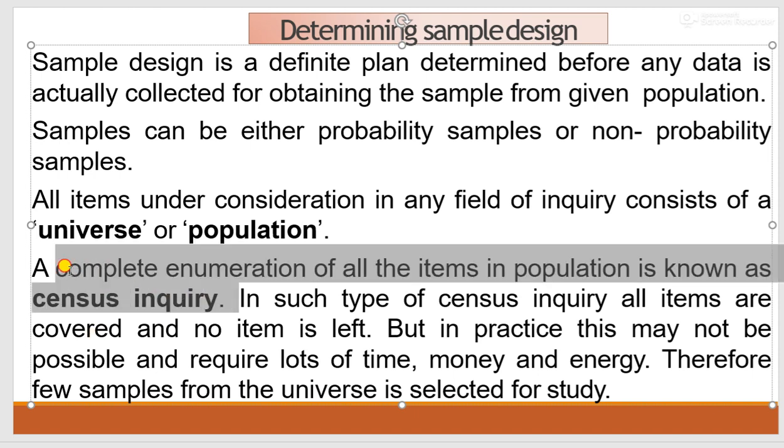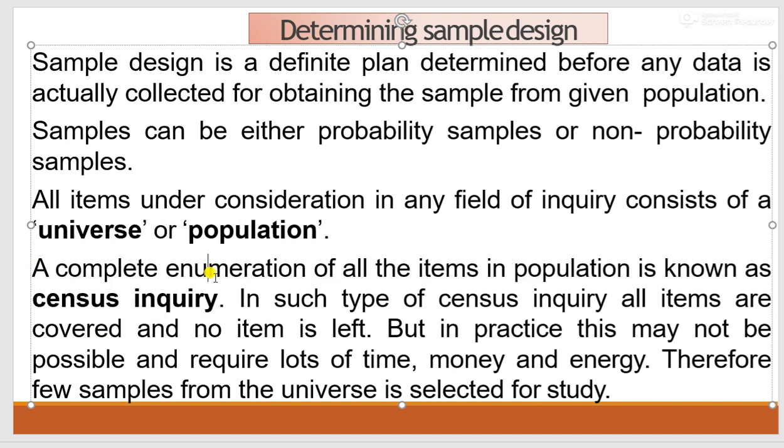Means if you take into consideration all the items which are there for a particular inquiry, then it is known as 100% or census inquiry. In such a census inquiry, all items are covered and no item is left.